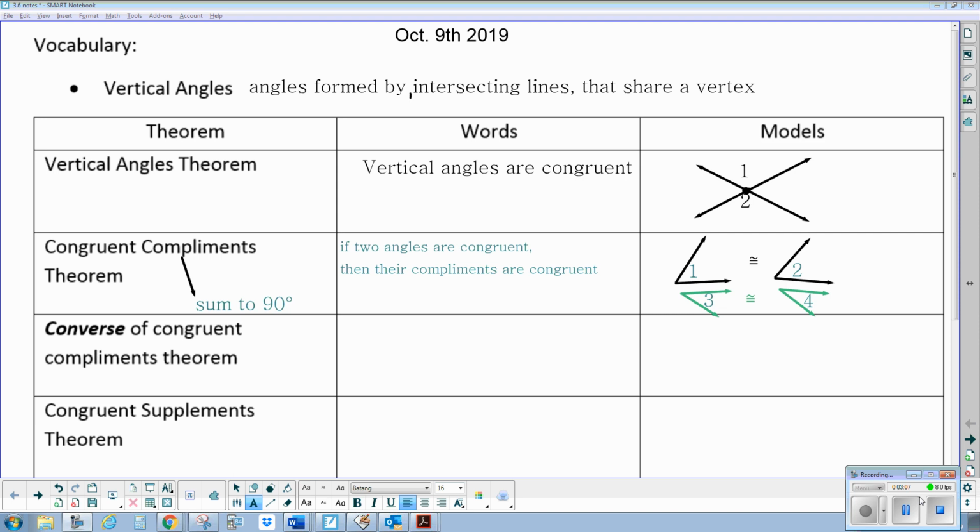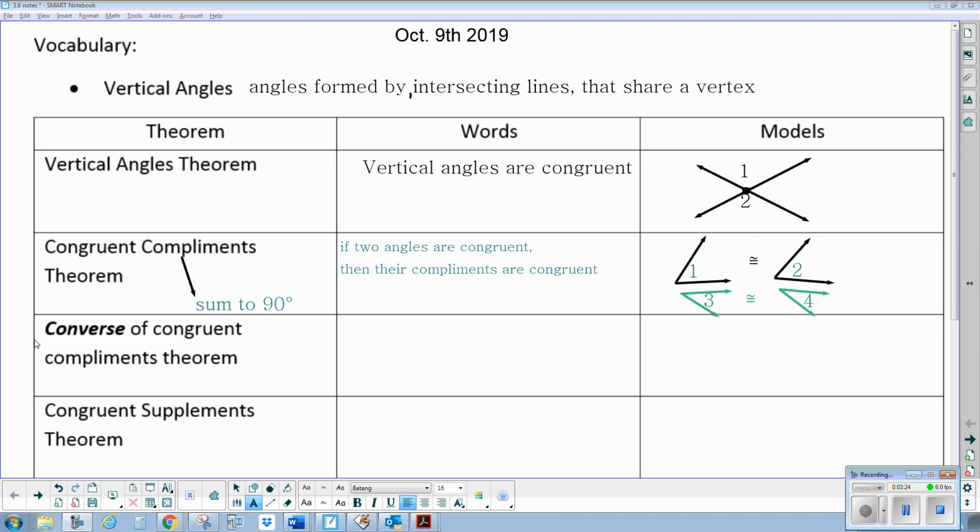So if angle 1 is congruent to angle 2, and angle 3 and angle 4 are complements respectively to angle 1 and angle 2, that means that angle 3 and angle 4 also have to be congruent.